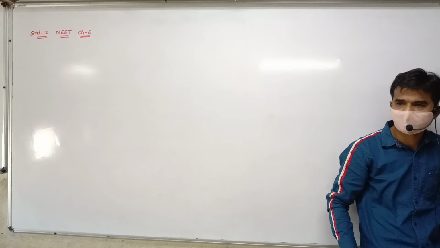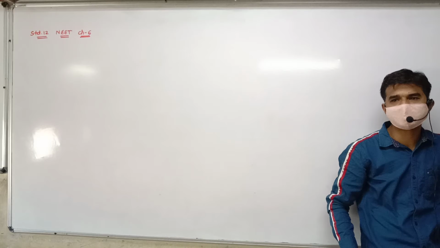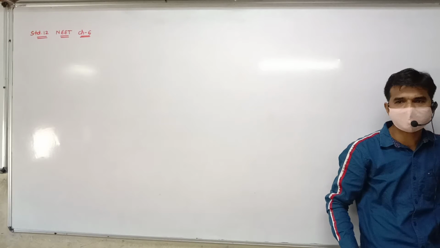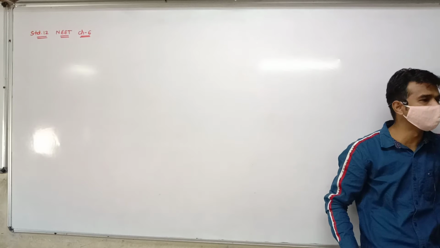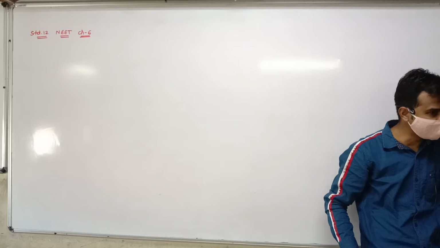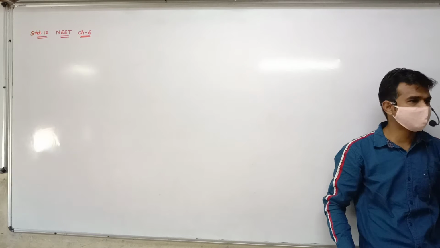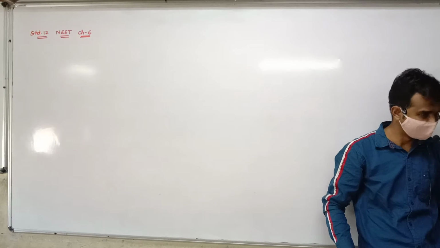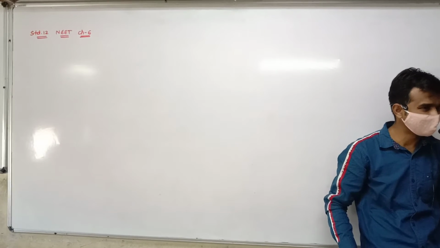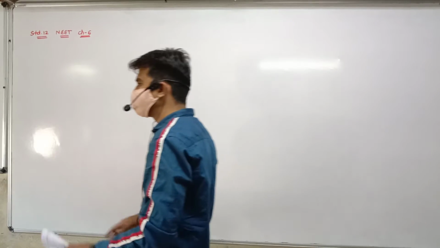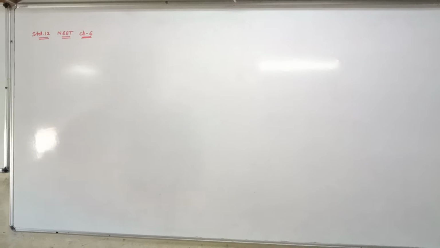And fourth point, according to the Mendelian laws, it should be able to express its character. If DNA forms but does not express its character, it is of no use. So these 4 criteria are fulfilled by this. Such material is known as genetic material.